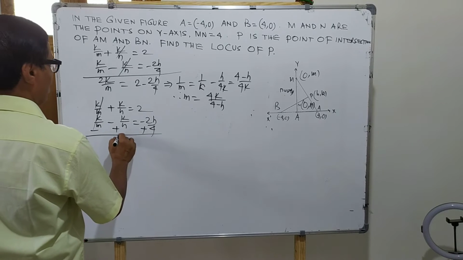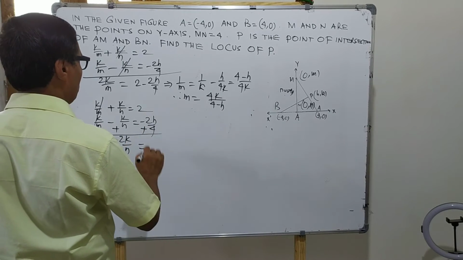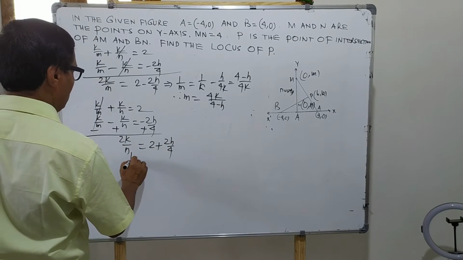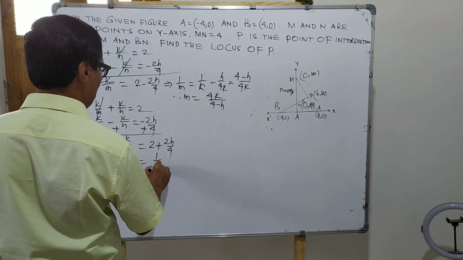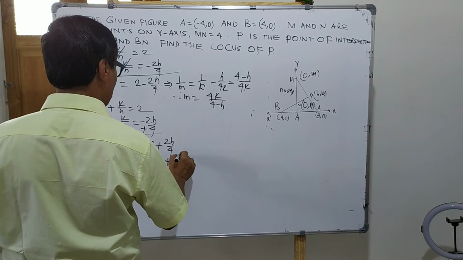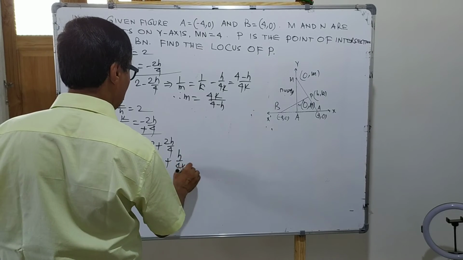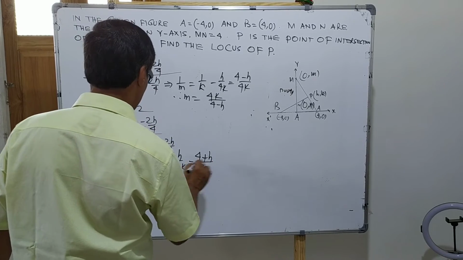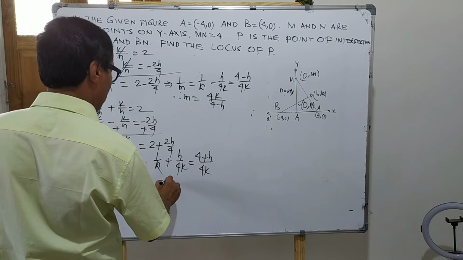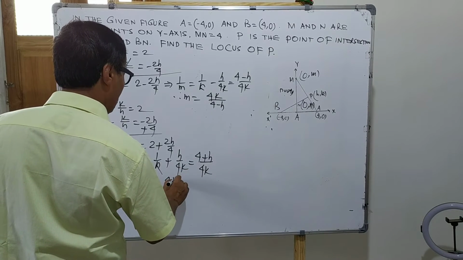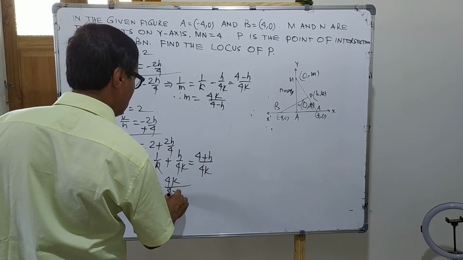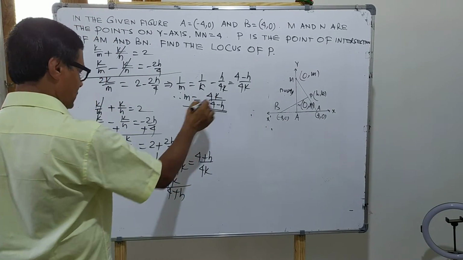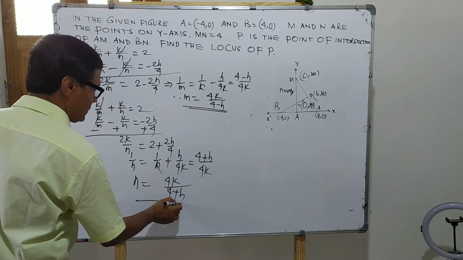So 2k over n equal to 2h over 4, 1 over n equal to 1 over k plus h over 4k, which is equal to 4 plus h over 4k. So n equal to 4k over 4 plus h. So we have got two values, m and n. The value of m is this and the value of n is this.